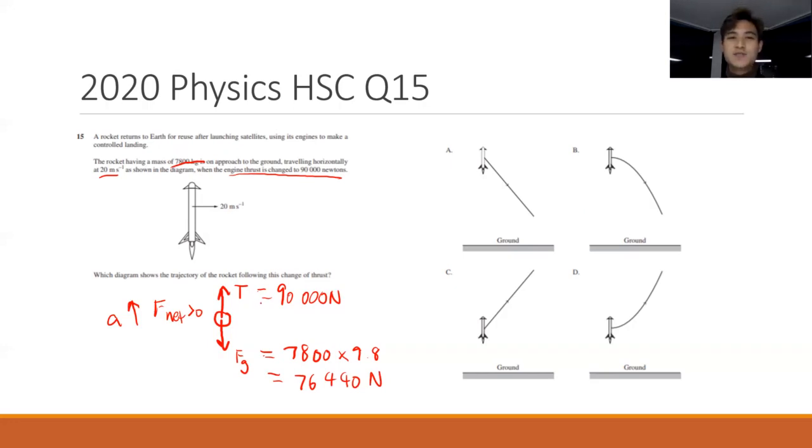And if we have acceleration, and there is an initial velocity horizontally, well, this should remind you of a particular type of motion being projectile motion. But unlike the typical ones we see, this one is upside down.